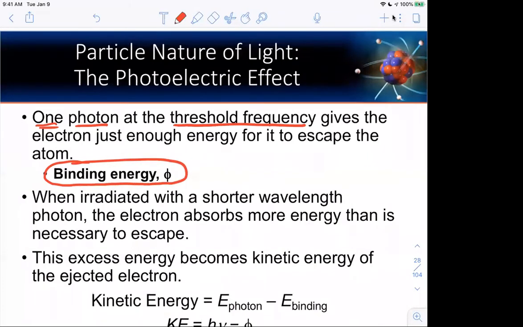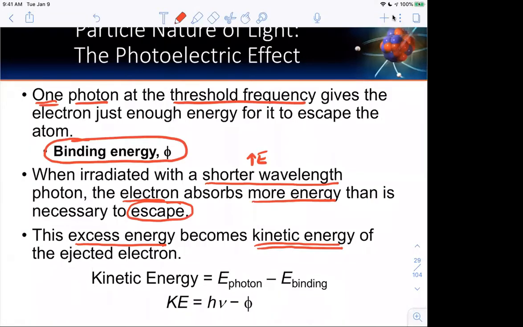When I have a shorter wavelength, remember, this is an increased energy wave, that electron can absorb more energy than minimally necessary for it to escape. This excess energy that's absorbed actually becomes kinetic energy of that ejected electron.